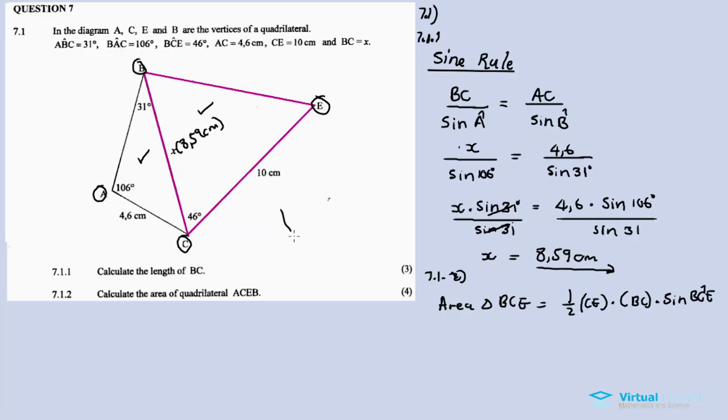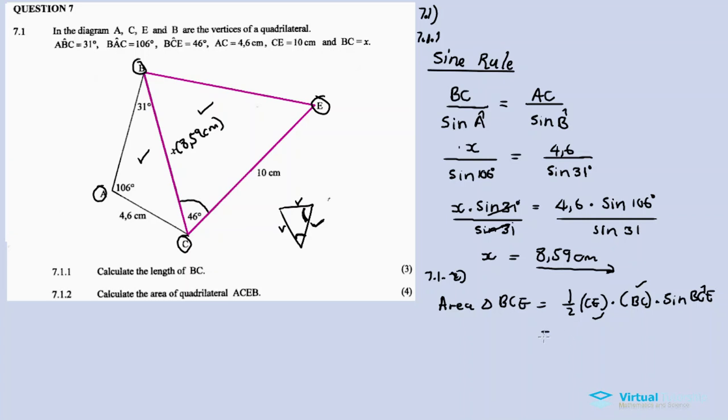To use the area rule, you need this angle and the two sides next to it. Here I use BC and CE, multiplied by half, multiplied by sine BCE, the angle between the two given sides.